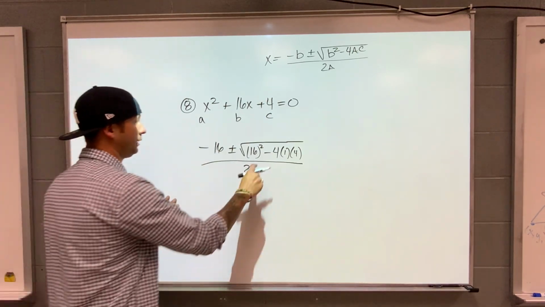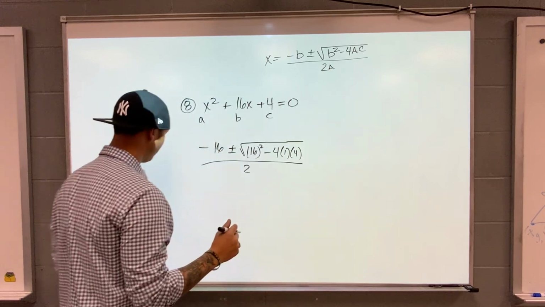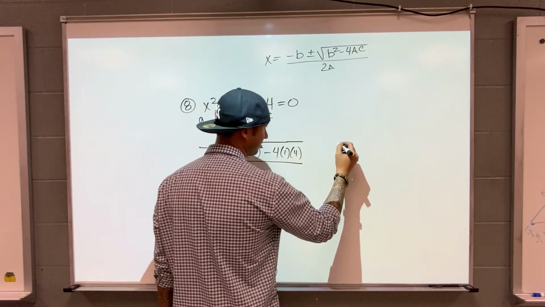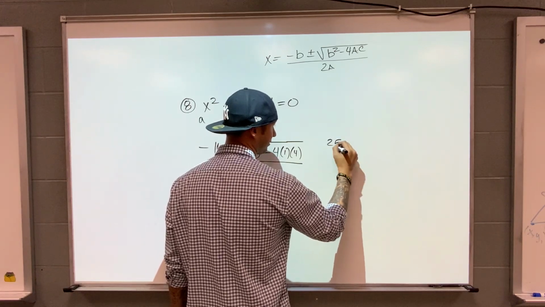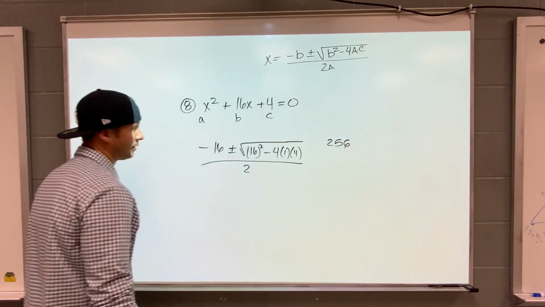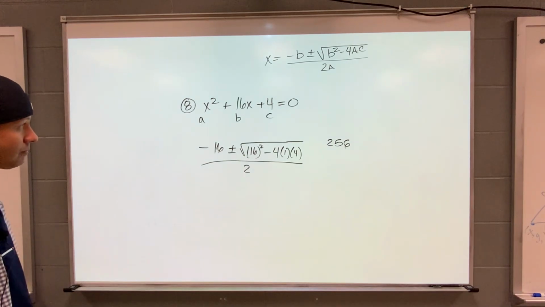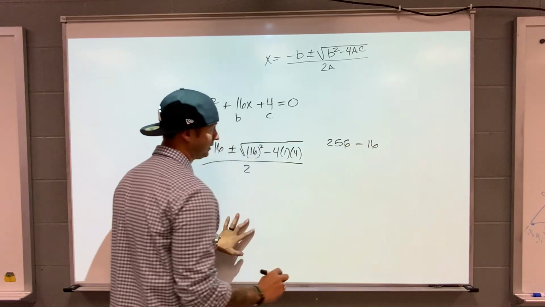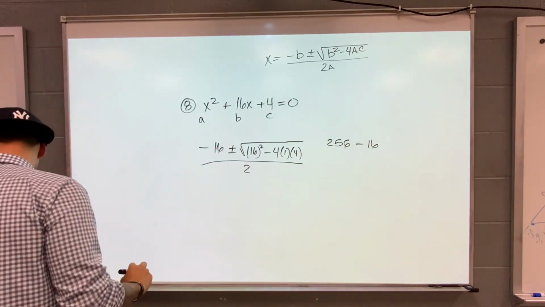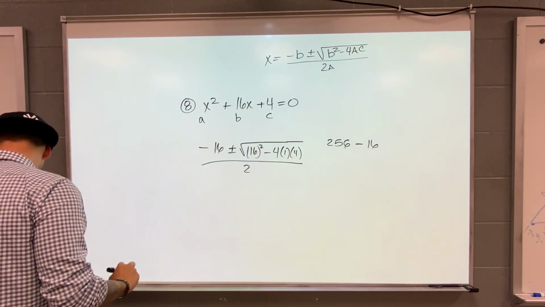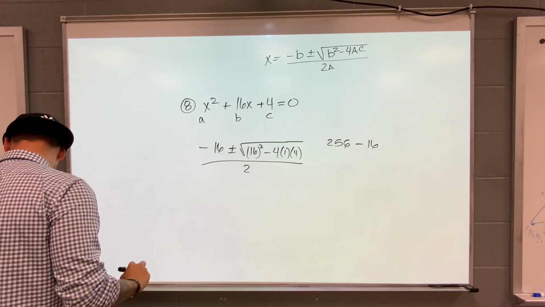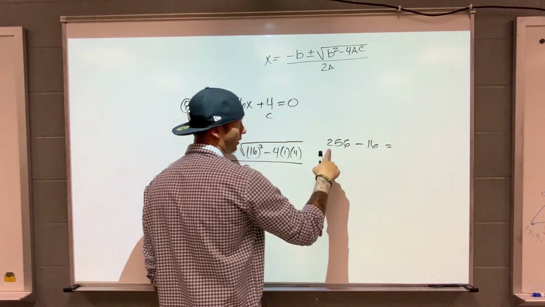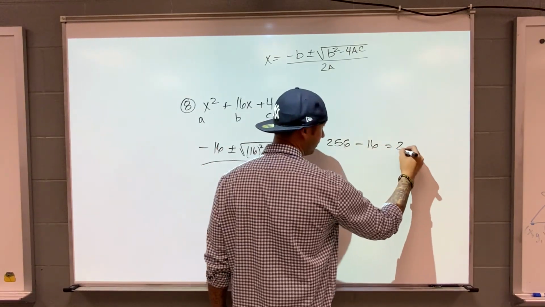Okay, the discriminant: 16 squared, what's that? So 256 minus 16, this is going to be 240.